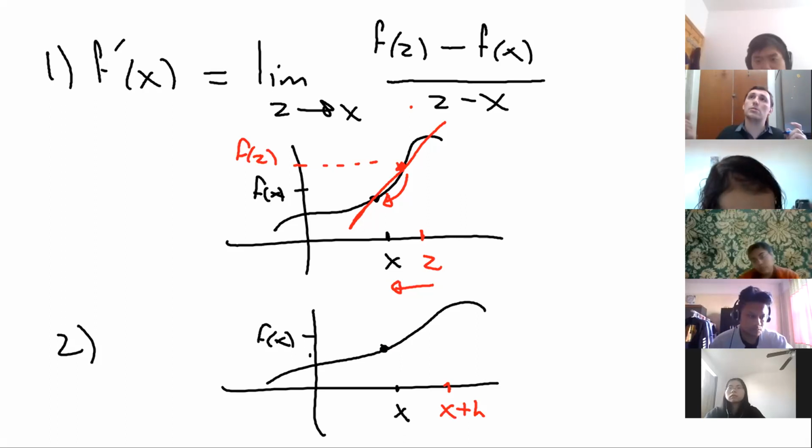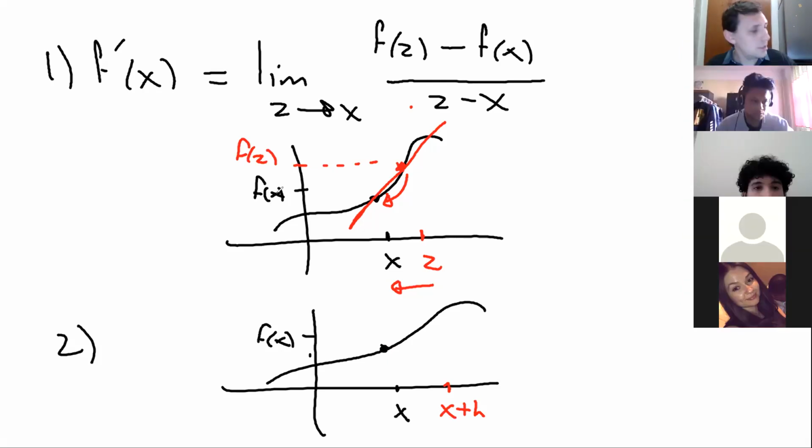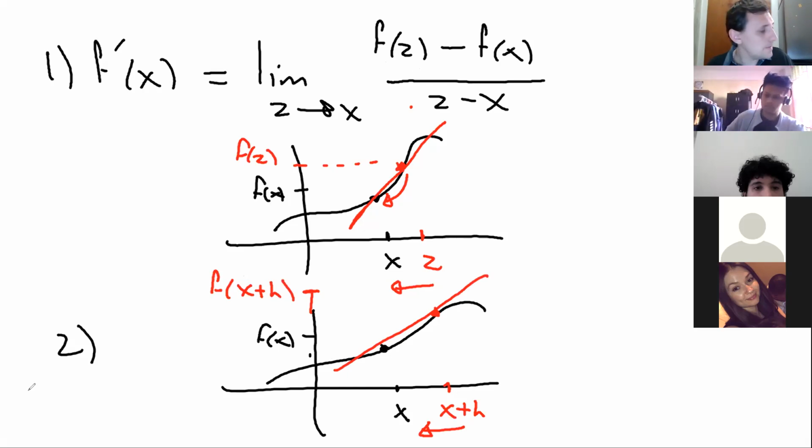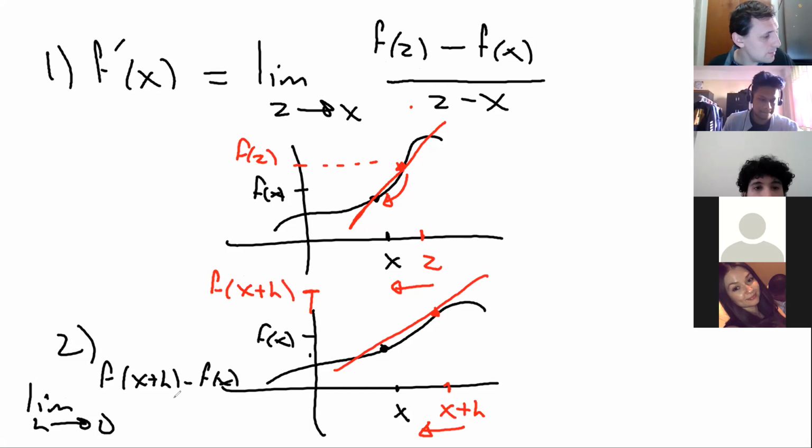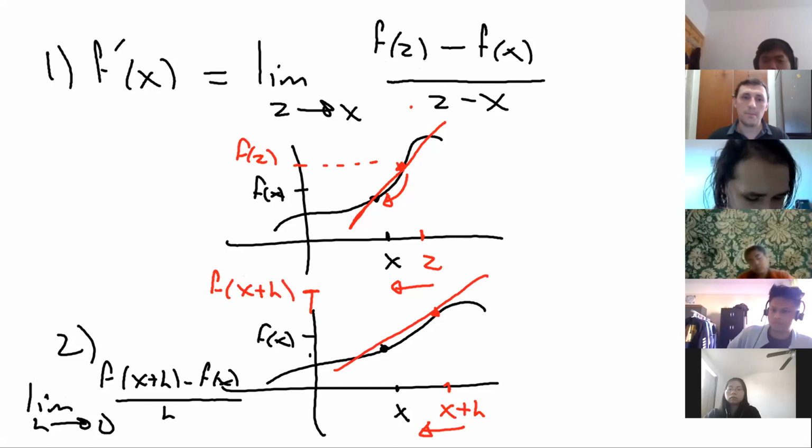So it's plus 0.001 or minus 0.001, depending on the side. Then this point is f of x plus h. To make this point move in, I just take the limit as h goes to 0. So it's the limit as h goes to 0 of f of x plus h minus f of x over h. It means exactly the same thing.